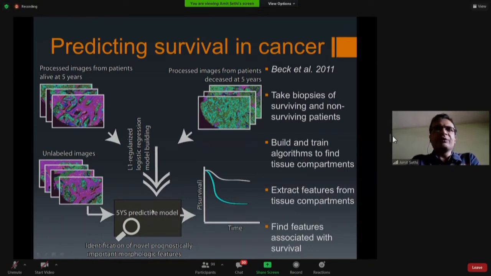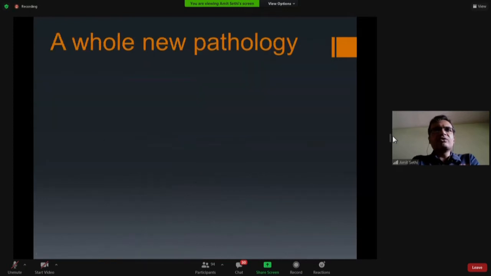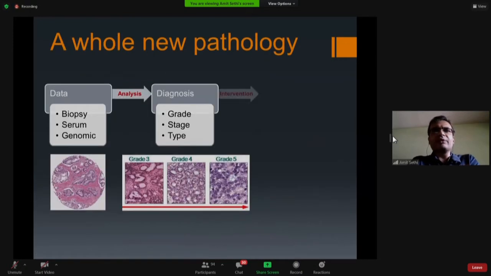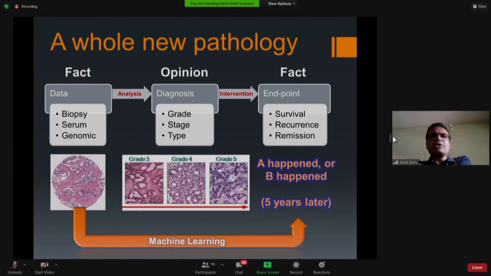So basically, we are looking at pathology in a whole different way. If you have a glass slide, usually from that data we would make the diagnosis, including grading and staging, and based on that we will plan the treatment.